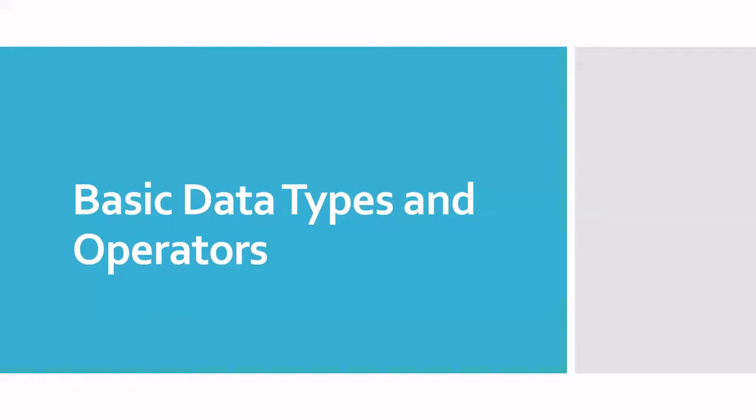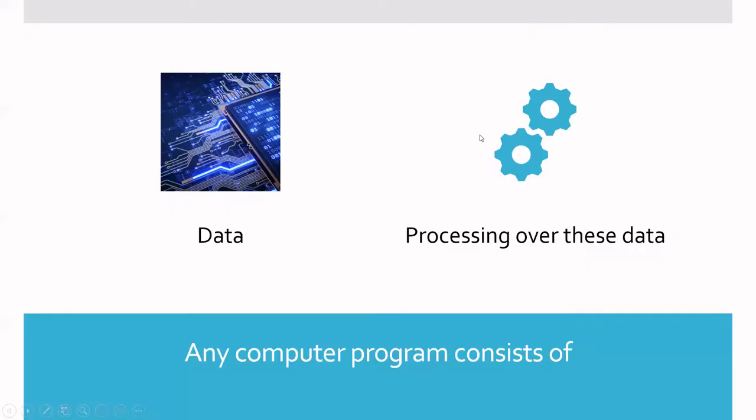Now, any programming language and any computer program consists of two main components. If you remove all the accessories, it all boils down to exactly two things: some data and some processing that happens on this data.